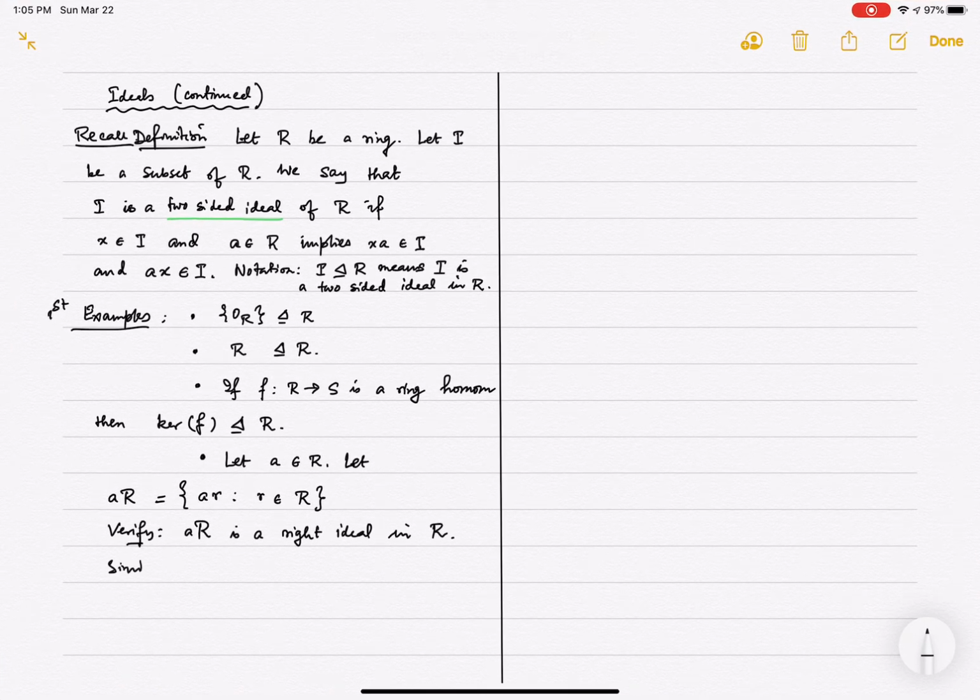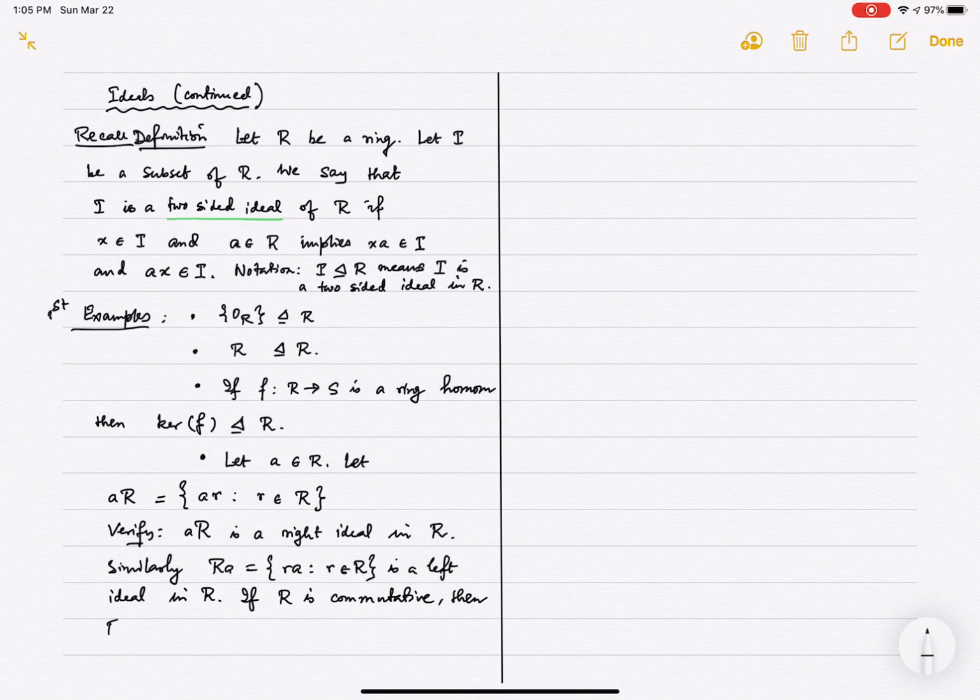Similarly, Ra, by which I mean all these things, r times a, where r varies over R, is a left ideal. So if R is commutative, then they're the same thing. Then we write, there's a notation that the book uses, they just write it (a) in parentheses.